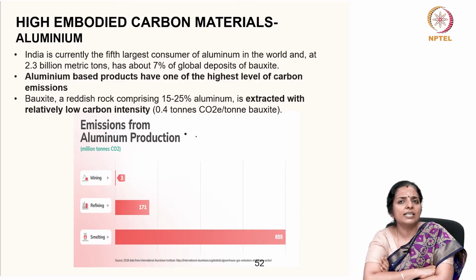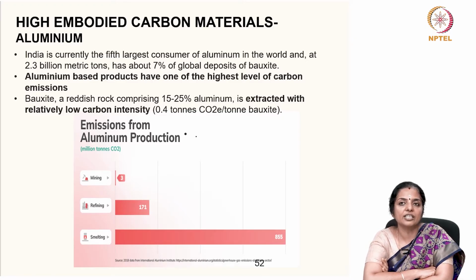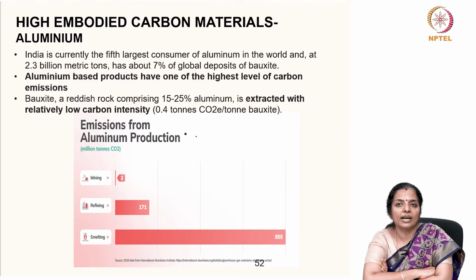The energy intensive smelting process transforms alumina to aluminum and is the most carbon intensive step, demanding 15.37 megawatt hours of electricity per ton, equivalent to 5 times the UK households' annual consumption. Smelter locations vary in emissions intensity depending on electricity sources like low carbon hydro or high carbon coal.